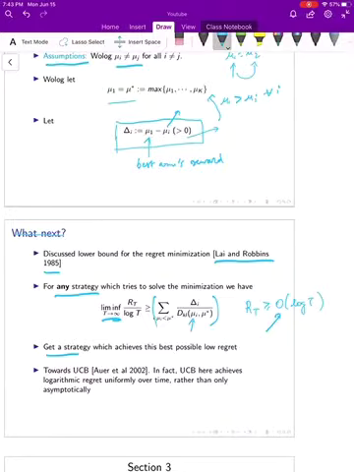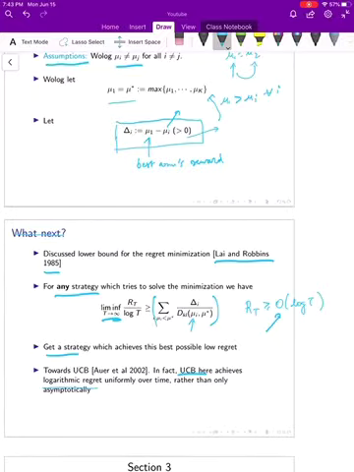And to point out that this UCB algorithm actually achieves logarithmic regret for every time t.